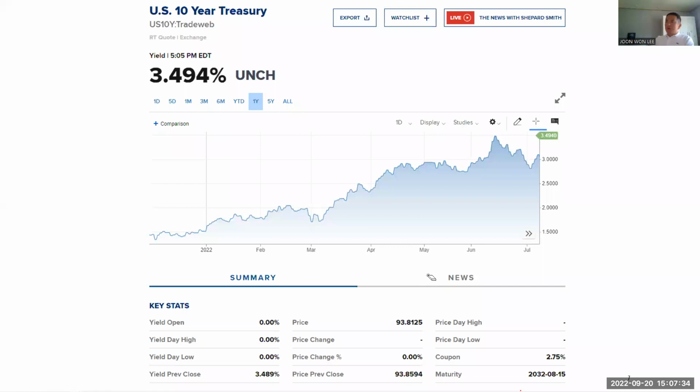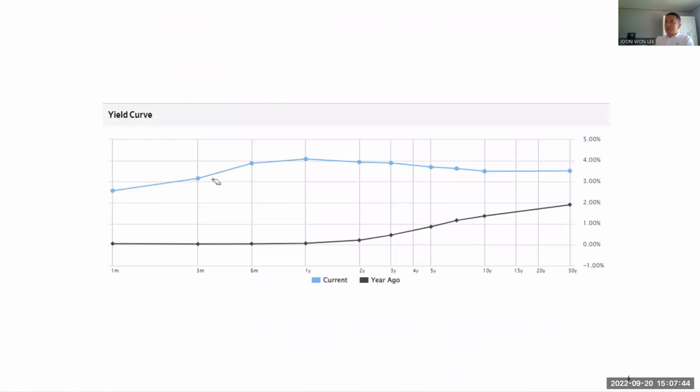If you are interested in bonds, please visit the CNBC bond section, and this is the yield curve. The yield curve is also very important. This is the current yield, and this is the 1 year yield. You see, right?